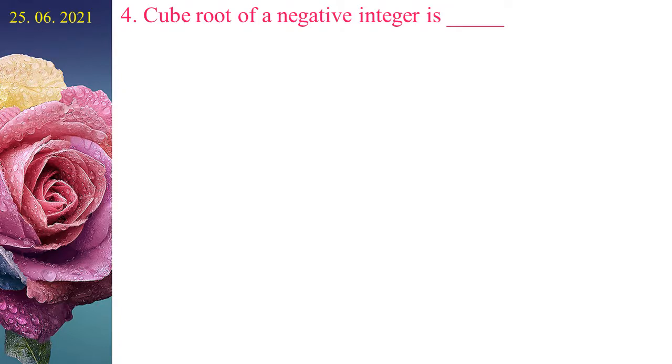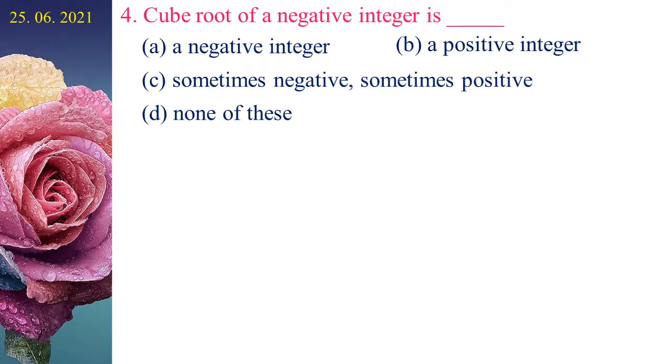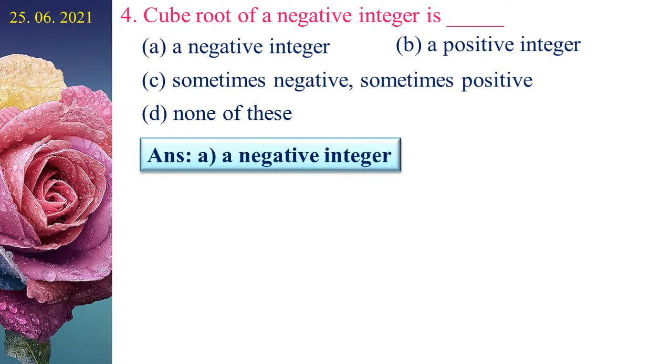The cube root of a negative integer is dash. A a negative integer, B a positive integer, C sometimes negative, sometimes positive, D none of these. Answer A, a negative integer.